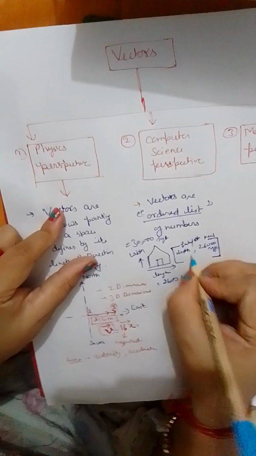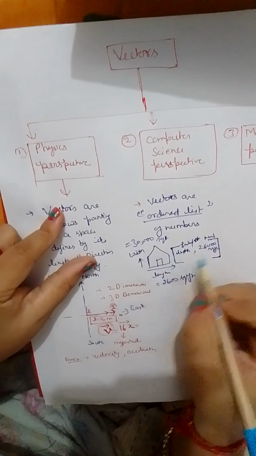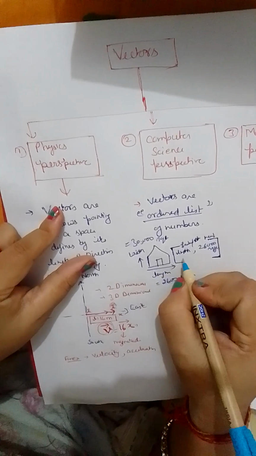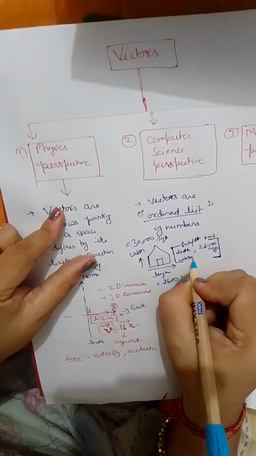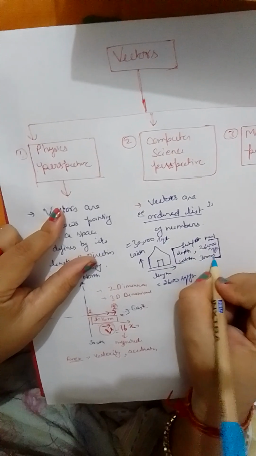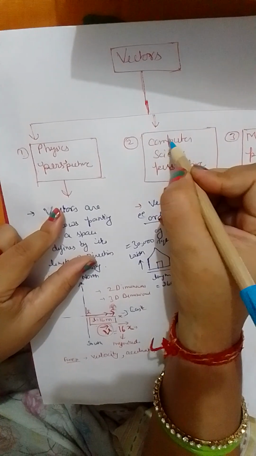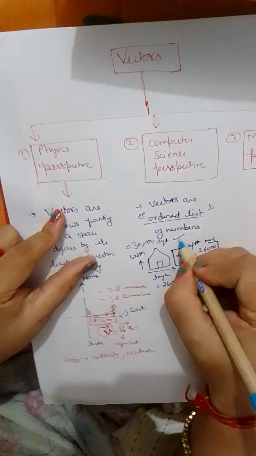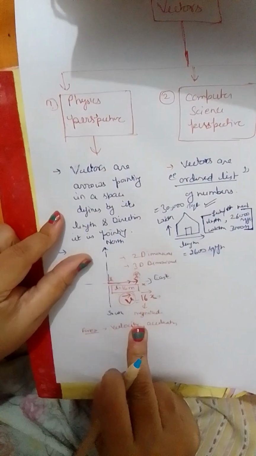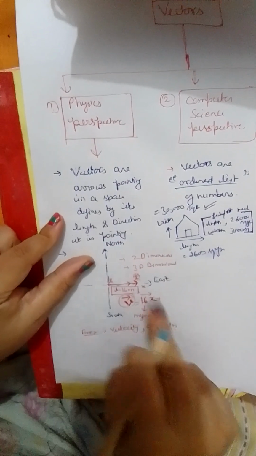This is written as a matrix, and for the width they will write 30,000 square feet. So this is the ordered list of numbers. From the computer science perspective this is called a vector, and from the physics perspective this is also called a vector.